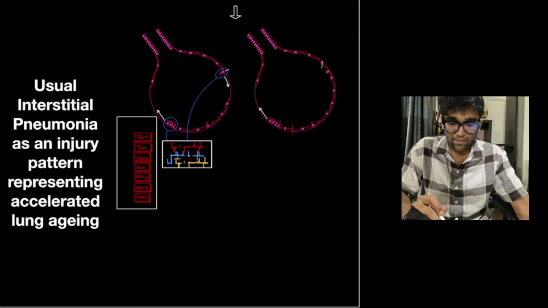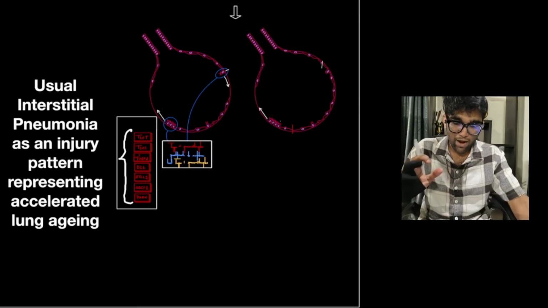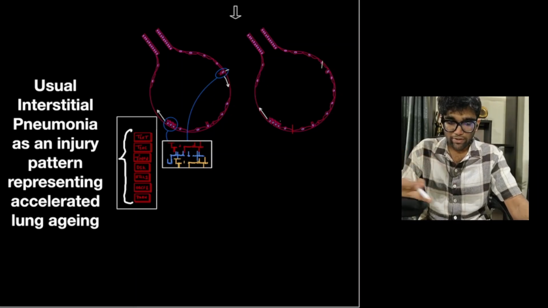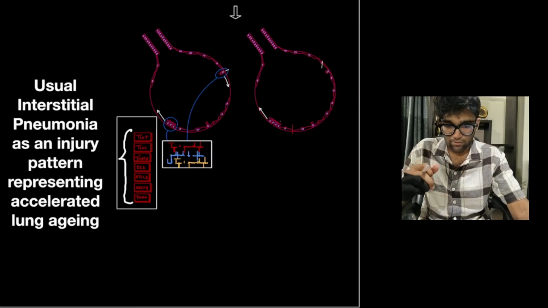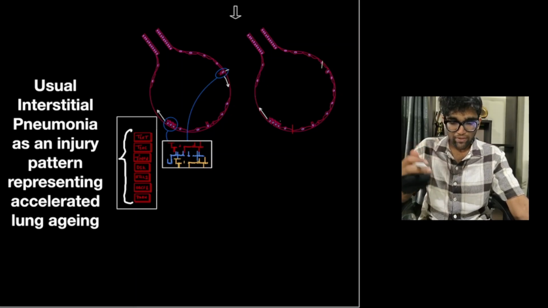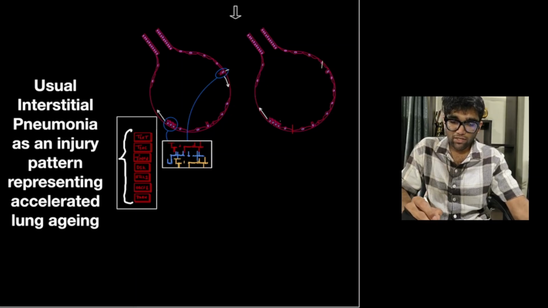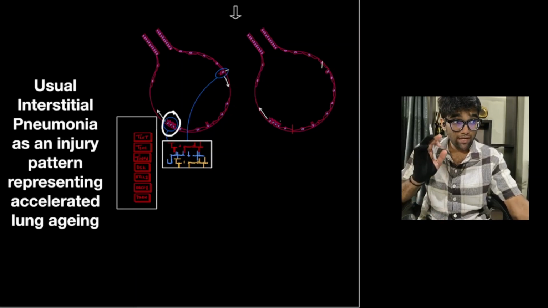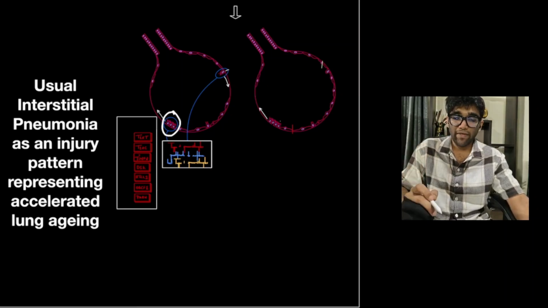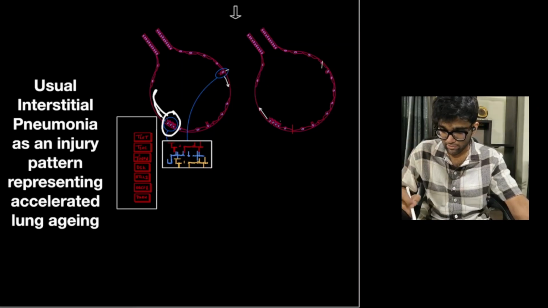But these are the genes that have been described as being in some way part of the normal functioning of the telomere. Okay, for example, TERT and TERC are the RNAs that are part of the telomerase complex. Either way, if you have a telomeropathy, your type 2 pneumocytes have a shorter upper limit to the number of times they can proliferate, and therefore cover up the denuded epithelium of the alveolus.